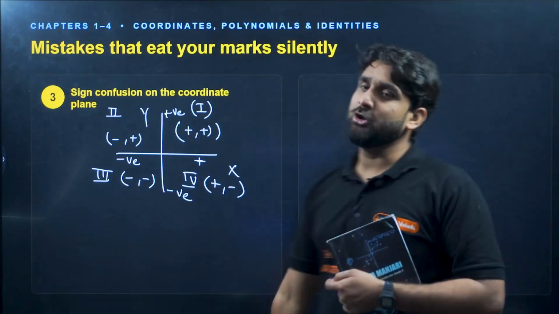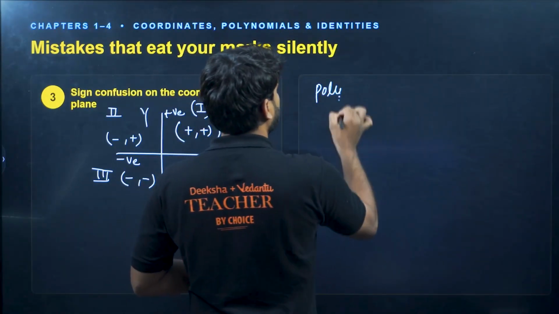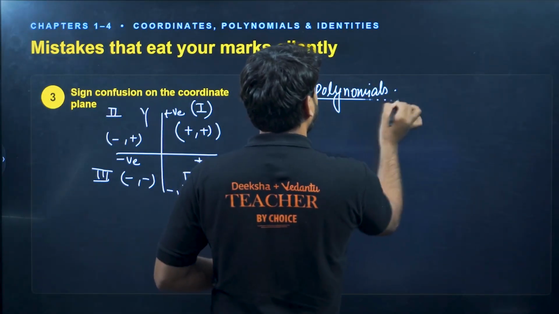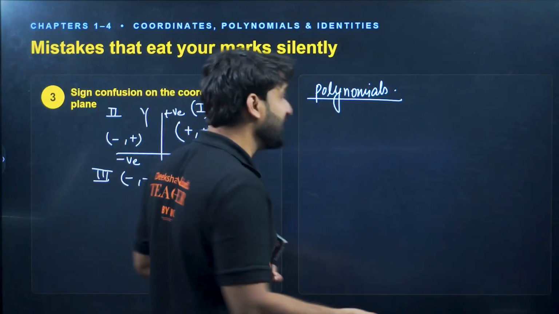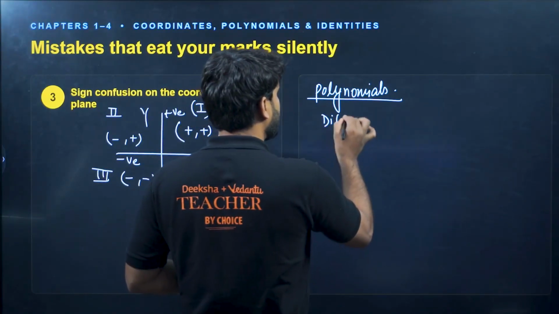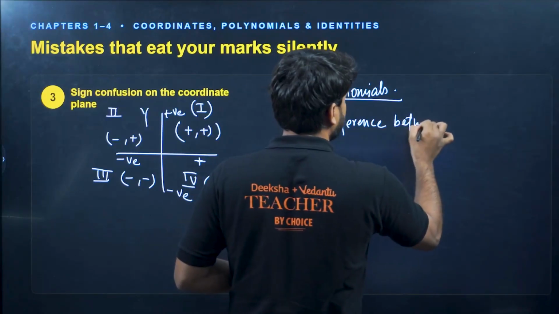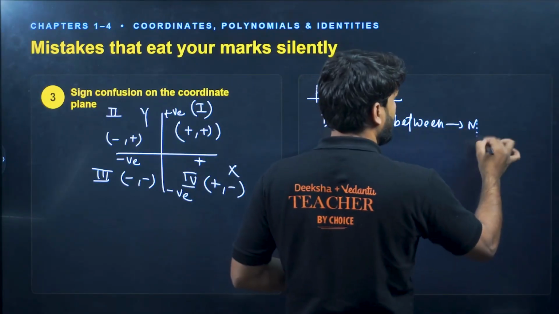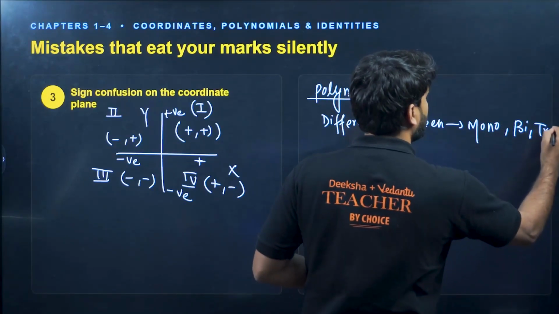And in polynomials, what happens now? In polynomials, what problem are most of the students facing? The difference between monomial, binomial and trinomial.